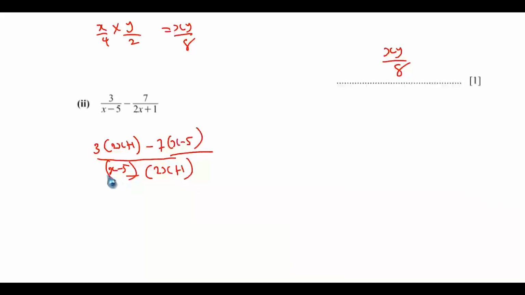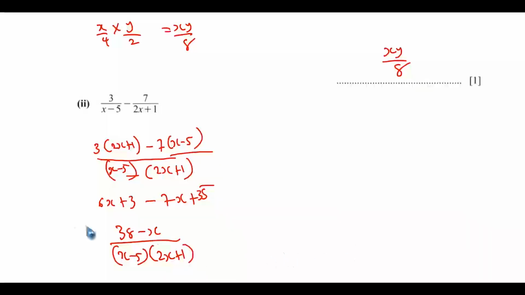If you expand this bracket, you get 6x plus 3 minus 7x plus 35. Plus 3 and 35 will give you plus 38, and 6x minus 7x will give you minus x. So that means we have 38 minus x over x minus 5 into 2x plus 1.